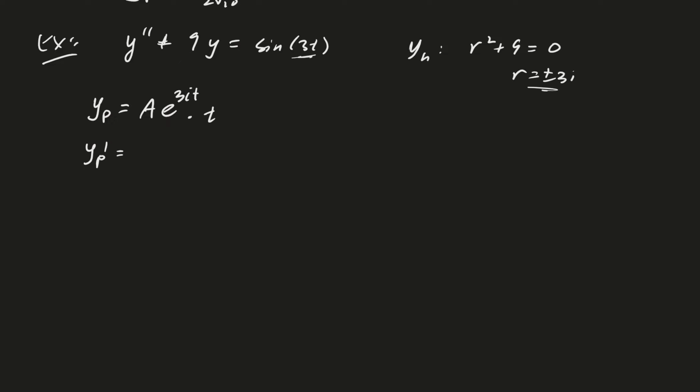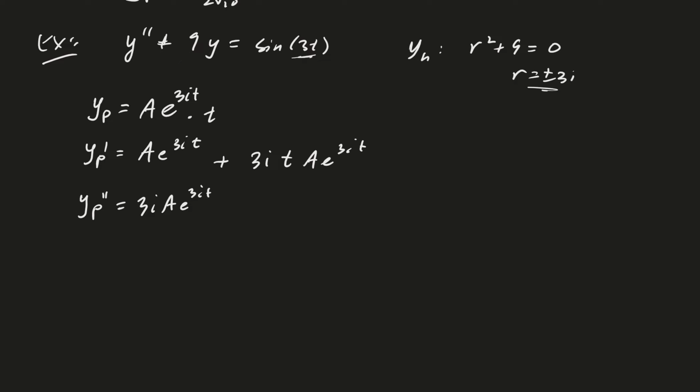Yp prime then is going to be, well, we just need to use the product rule here. So that's going to be 3i times t a e to the 3it. Then yp double prime. And again, just use the product rule here where you'll have the 3i times a e to the 3it.